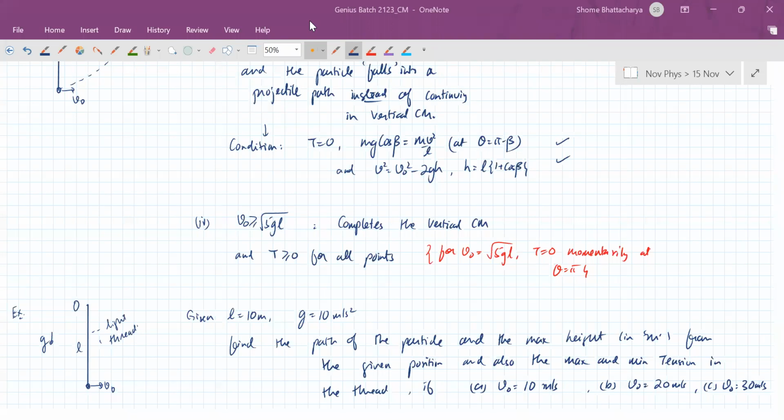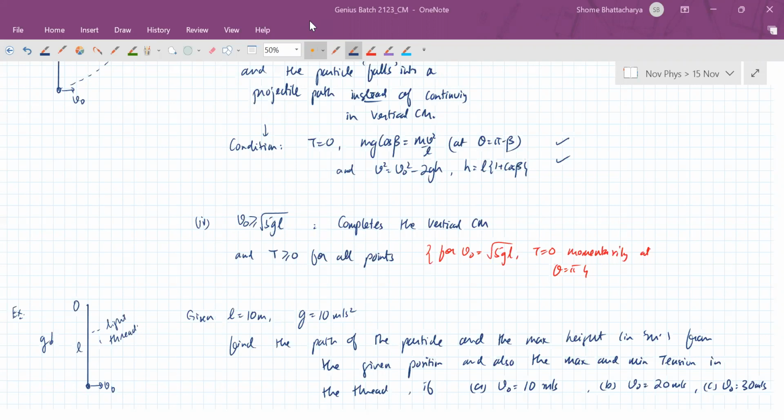So, done. What is happening in part A? Is it behaving like a pendulum, or is it crossing 90 degrees? V naught is less than root 2GL, so it behaves like a pendulum. So now how will you calculate the maximum theta it goes to?